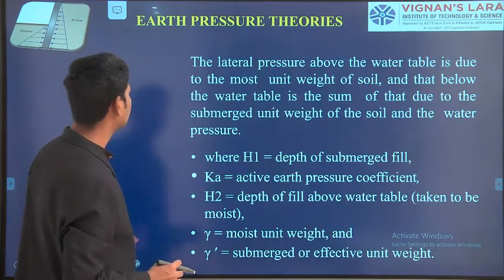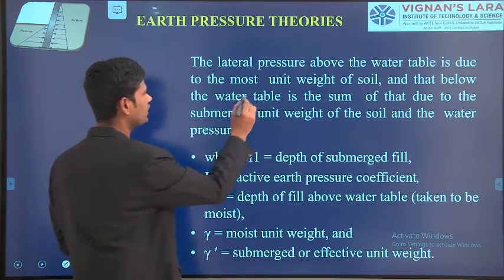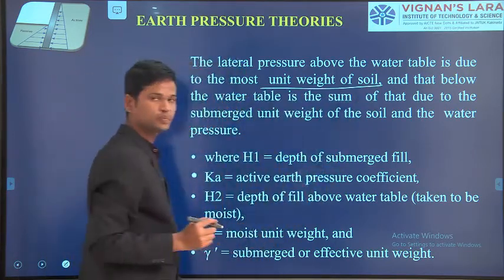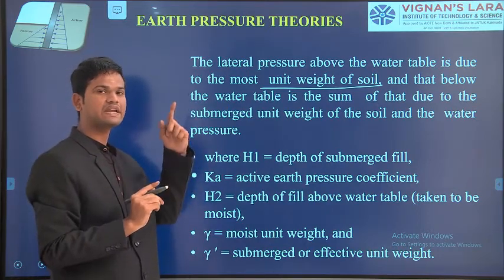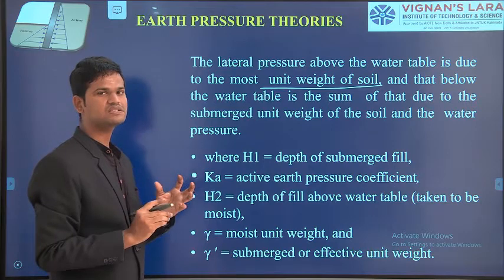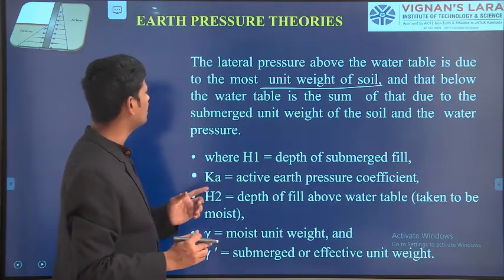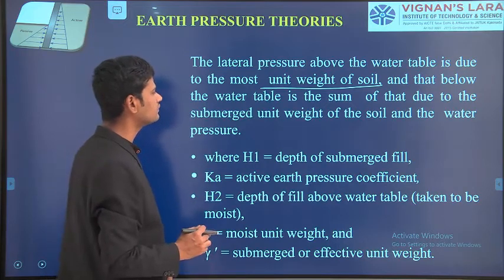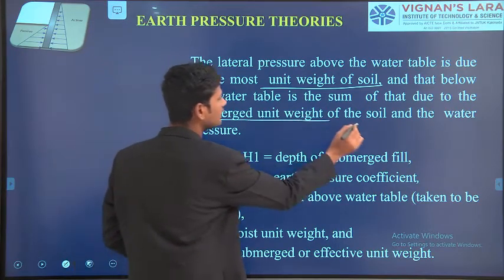If you see here, the lateral pressure above the water table is due to the moist unit weight of the soil mass. Due to the presence of water, a small amount of capillarity will act in the top layer. Hence we take the soil as a moist unit weight. And below the water table, it is the sum of the pressure due to the submerged unit weight of the soil and the water pressure.